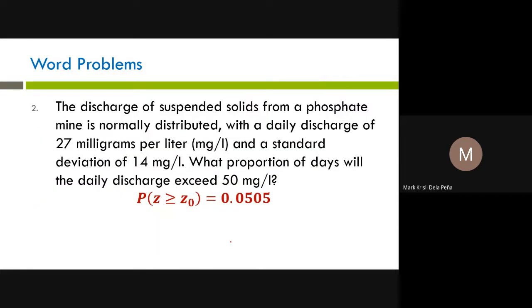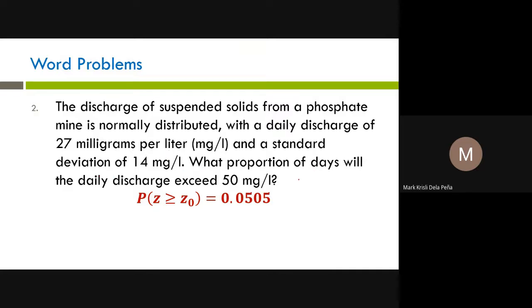Okay, now here is a problem which has the answer, and I want you to solve this one. It's quite the same. Now, there are given values here. The daily discharge of suspended solids from a phosphate mine is normally distributed with a daily discharge of 27 milligrams per liter and a standard deviation of 14 milligrams per liter.